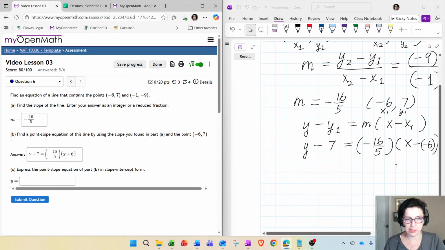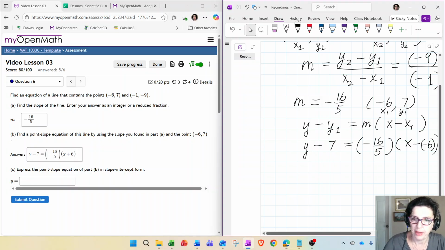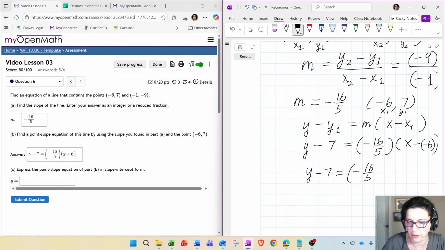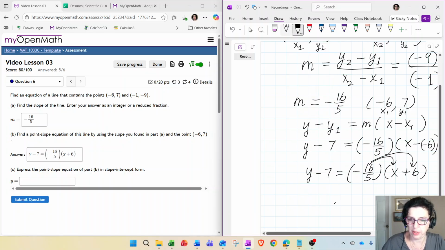Okay, now the last part is converting the point-slope form to slope-intercept. So let's do that. So we're going to get y minus 7 equals -16/5 times x plus 6. Let me just rewrite this. So remember, we start by distributing this -16/5 to each term and leaving the other side the same.